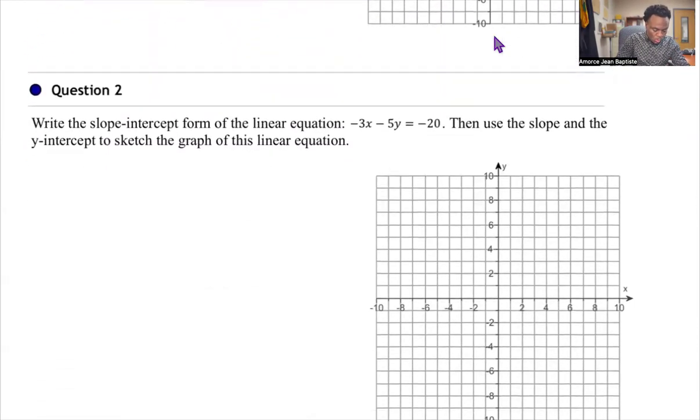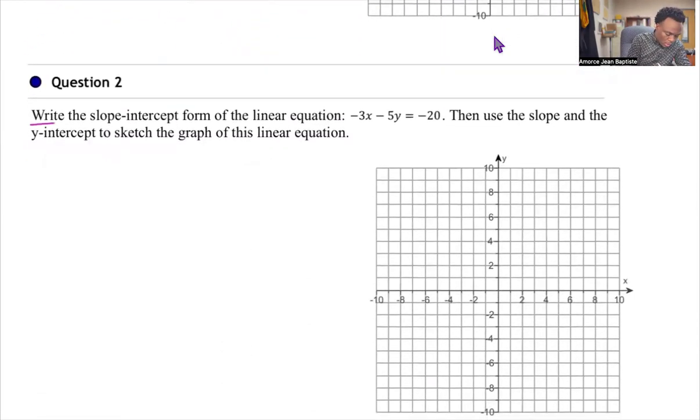Question number two, they say write in slope-intercept form. So we're going to have to solve for y. Whenever you have the standard form and we need the slope-intercept form, we need to solve for y.